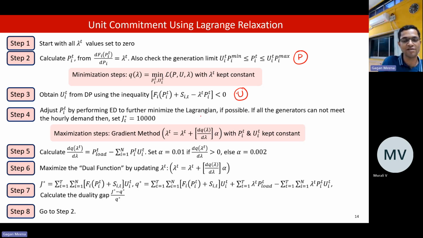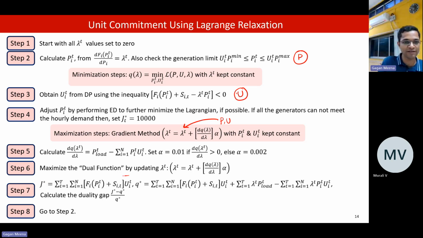And then for this p and u, considering them constant, we are finding this lambda by using this, where dq lambda by d lambda is this, the constraint, the power balance constraint. Once this is done and we find out lambda, then we have to calculate this duality gap.